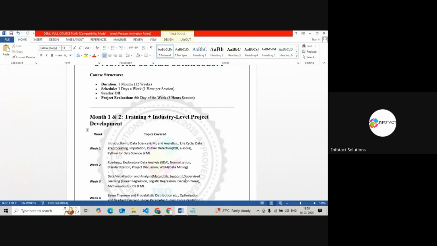What is F1 score? F1 score is used to evaluate the overall performance of classification models, sir. It is also the harmonic mean of precision and recall. Okay. Then tell me, what is support?